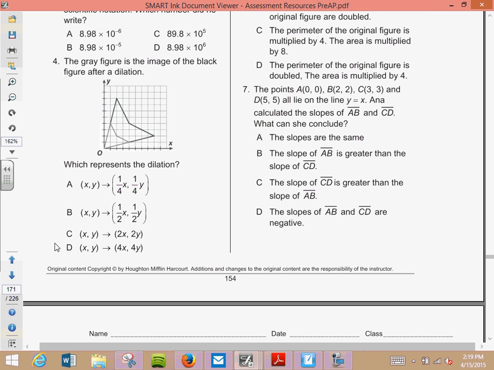All right, so this one, the gray figure is the image of the black figure after a dilation. Which represents a dilation? So the gray one is the image of that one. What can I eliminate? Are you sure? What is it? Why is it that I can eliminate C and D? Shrink. Perfect.